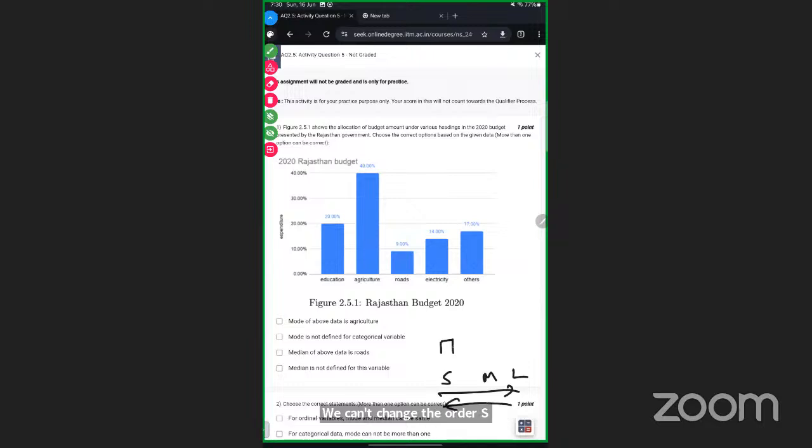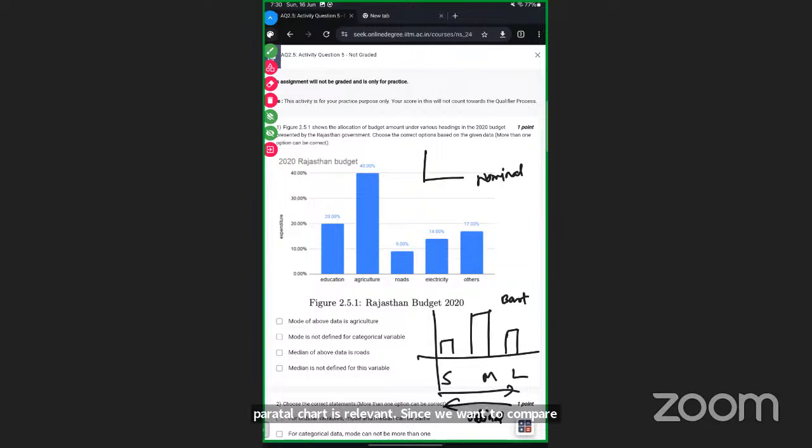So this is not a Pareto chart, this is a bar chart, because this is ordinal data. If it is nominal, then most likely a Pareto chart is relevant, since we want to compare between the different categories in some sense.